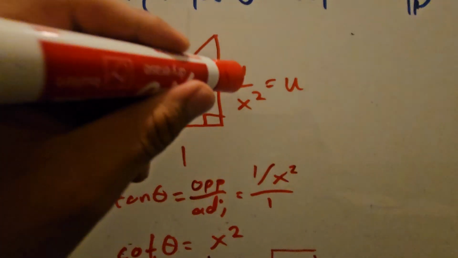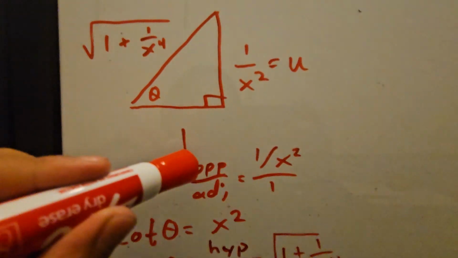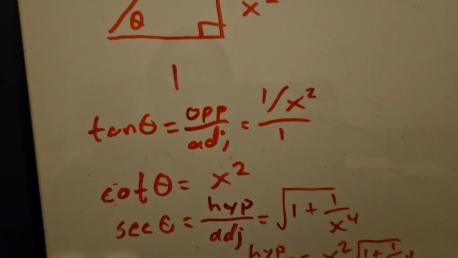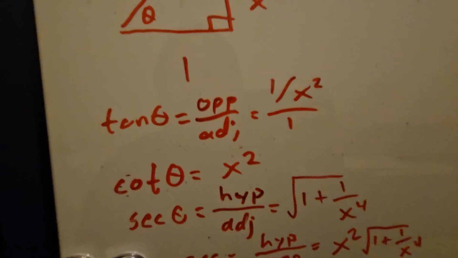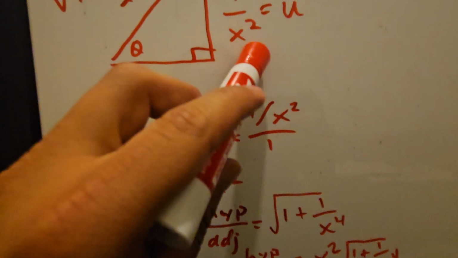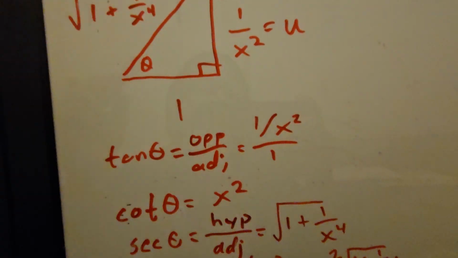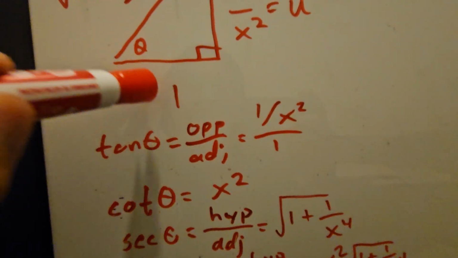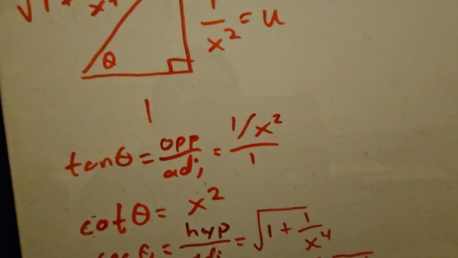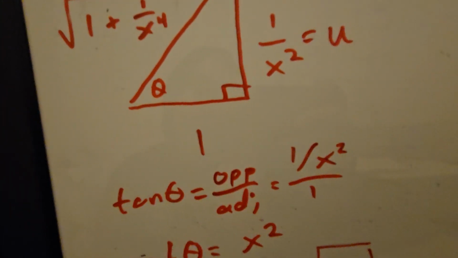Since tangent is equal to u, you use your SOHCAHTOA. Tangent is opposite over adjacent, so the opposite of theta is 1 over x squared over the adjacent, which is 1. 1 over x squared divided by 1 is just 1 over x squared, which is u. Tan is equal to u.